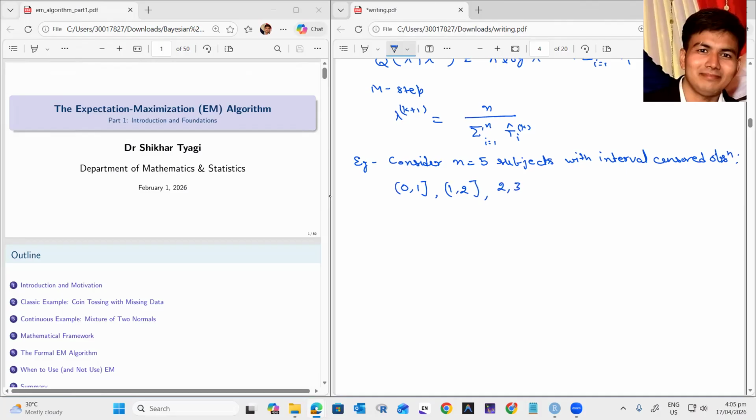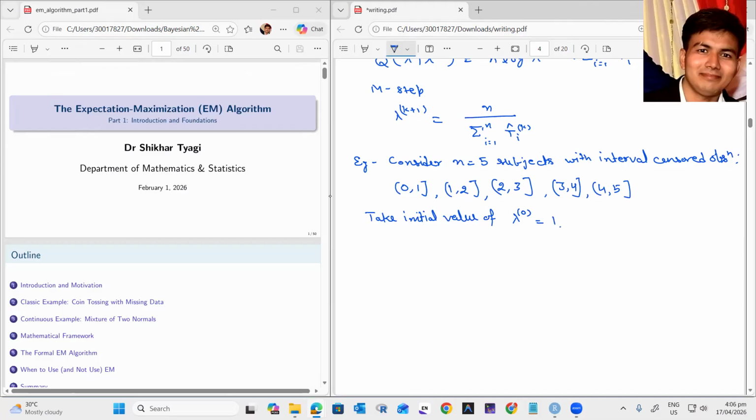We are going to take a very simple example here. Take the initial value of lambda, lambda naught at the 0 iteration, to be 1.